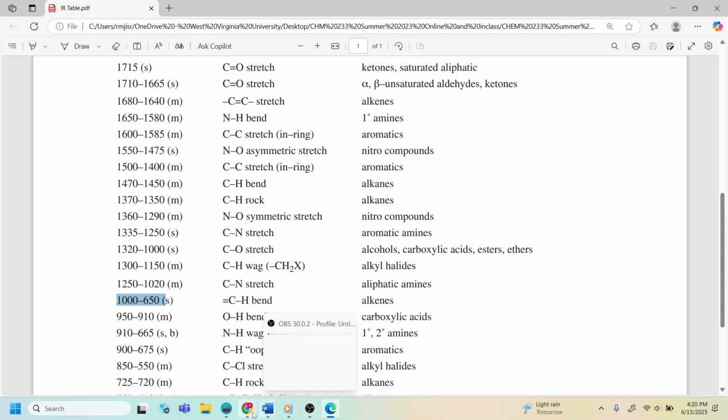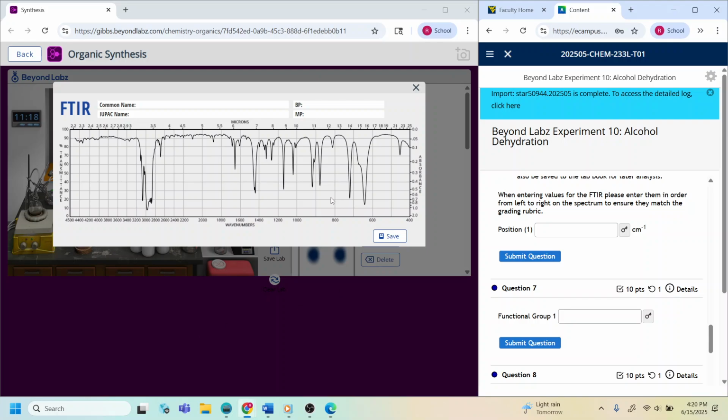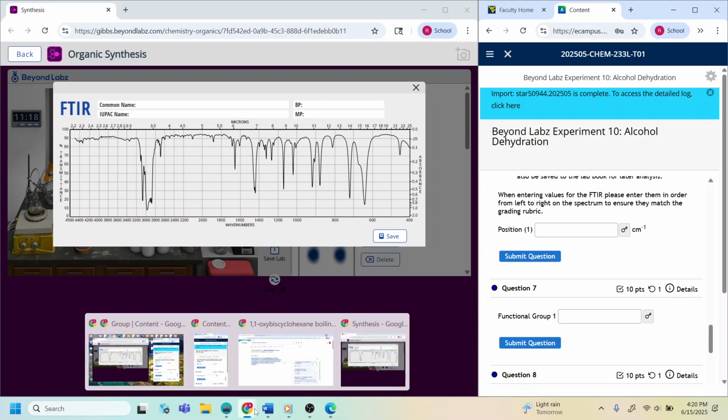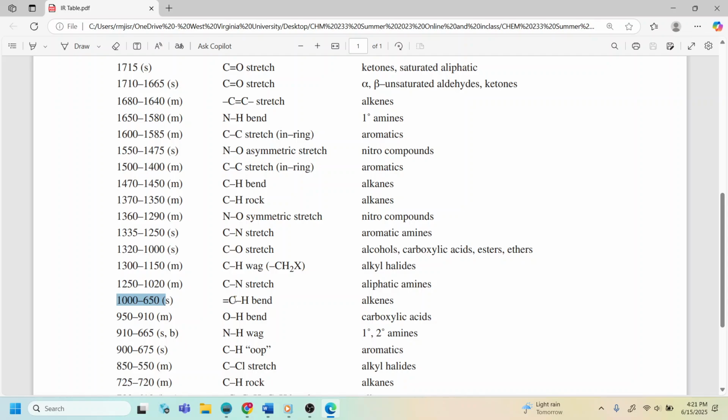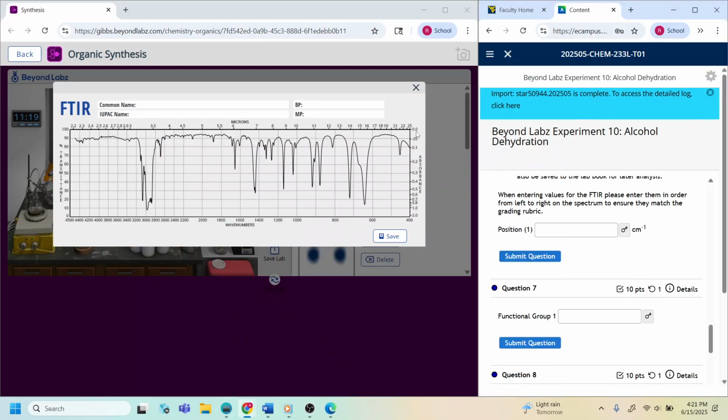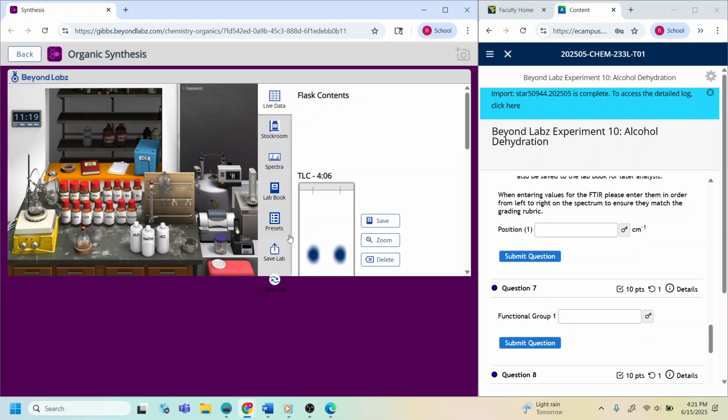If you look at it in the spectrum between 1,000 and 750, it is around here, around 910. So this is the double bond CH bend of the alkene. These are the three peaks for the FTIR. Now for the proton NMR.